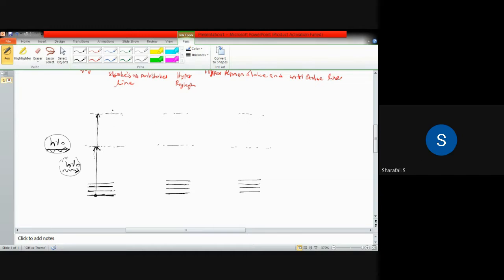And from there, it will come back to the ground state. When it comes to the ground state, it will release 2hν0 energy.